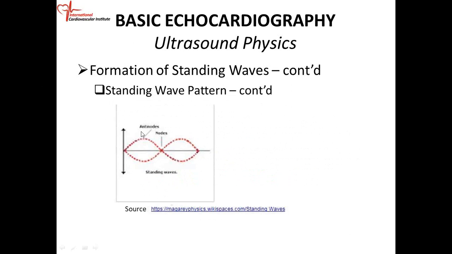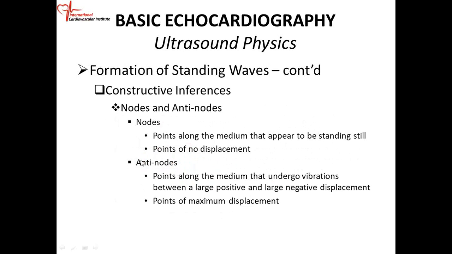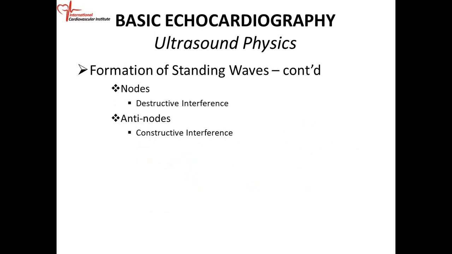This is a node, this is your antinode, and this is what we call the standing wave. Nodes are due to destructive interference, and antinodes are due to constructive interference.